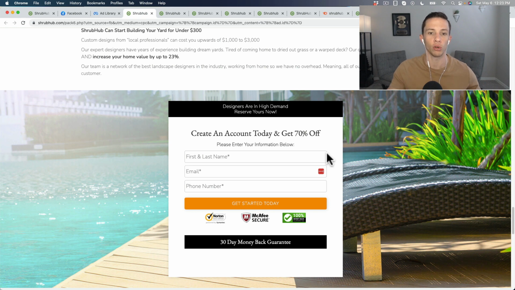And I think this is incredibly crucial, because if you just try pumping ads to a product that has a little bit of price, beyond say $20 to $50, which, this is not expensive at $297, but it's not a $20 to $50 product, you're not going to get many people converting.